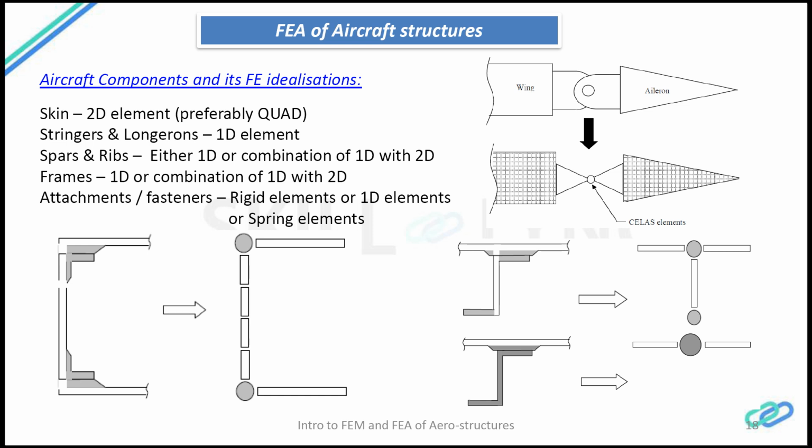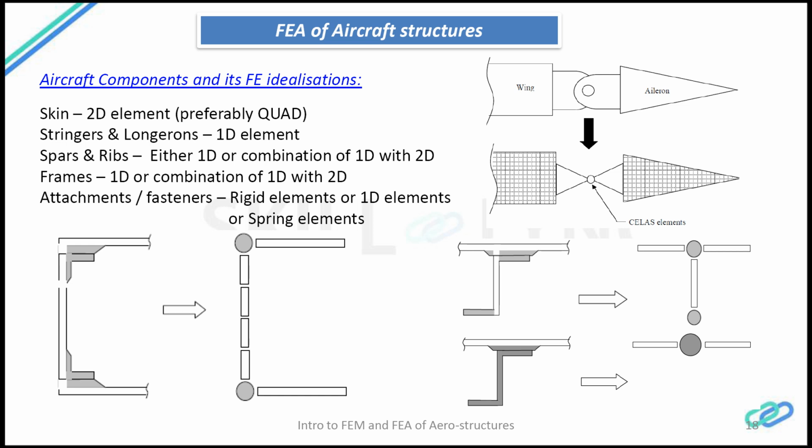And then attachments and linkages, those will be modeled as rigid elements or sometimes spring elements depending on the situations. Whenever it is small brackets attaching to some lug or something using a pin, bolt or fastener, then it might be a spring element.